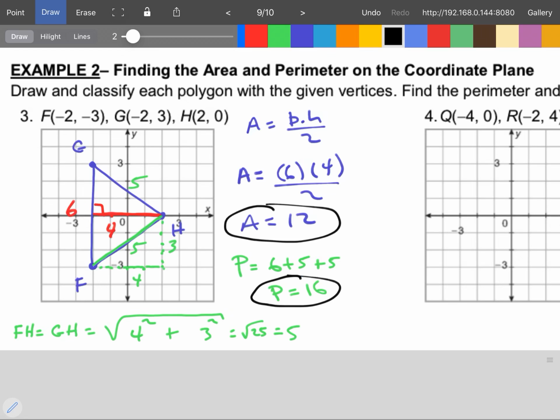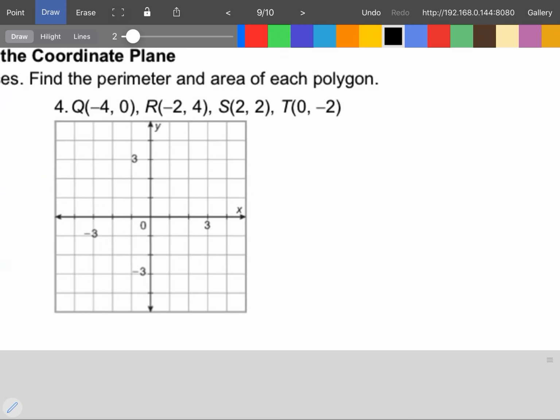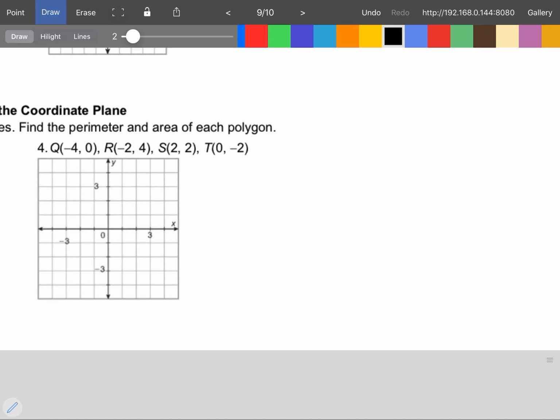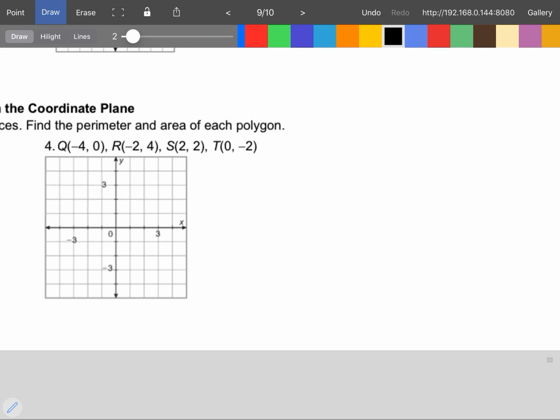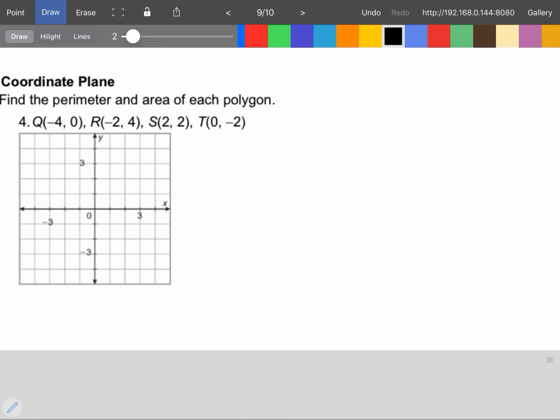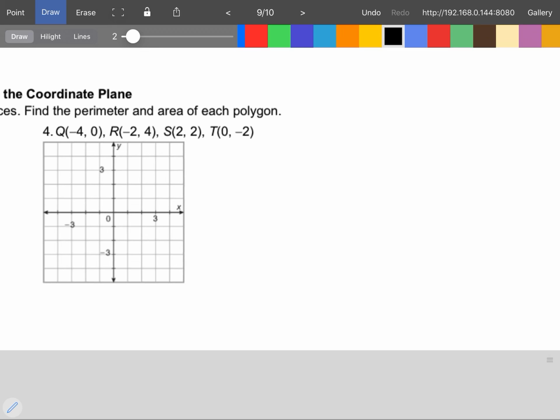All right, well, I guess we should probably do number 4 on this one also, just because I think that one has 4 points. So let me scroll over and we'll do that. Okay, so this one, well, we got to plot the 4 points.